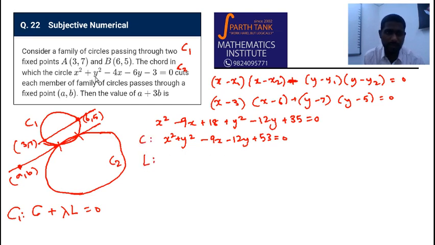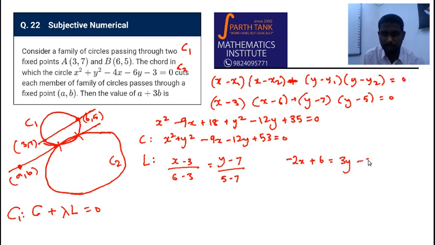Then let us find L. L is nothing but the straight line passing through these 2 points. So (x minus 3)/(6 minus 3) equals (y minus 7)/(5 minus 7). This becomes minus 2x plus 6 is 3y minus 21, or 2x plus 3y minus 27 equals 0.